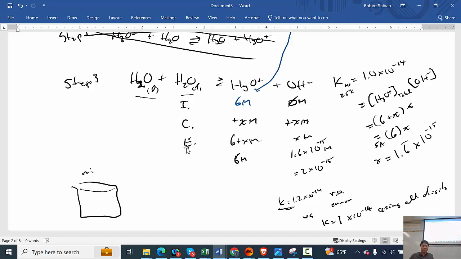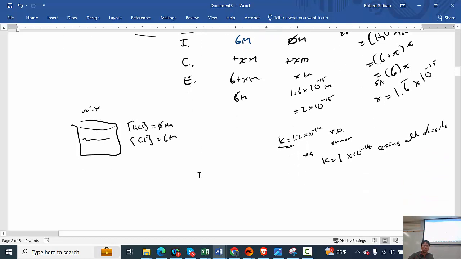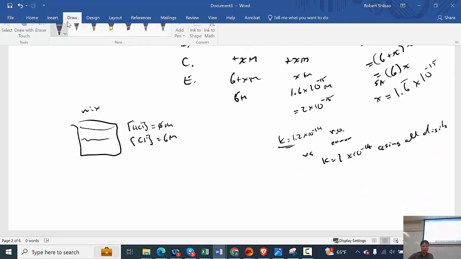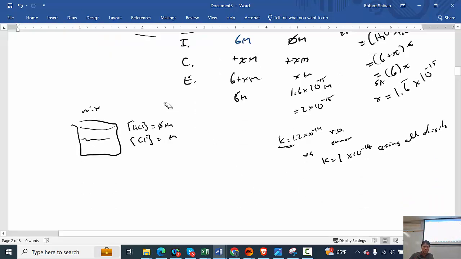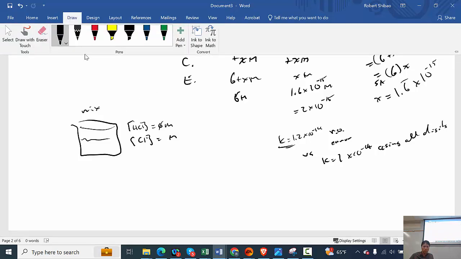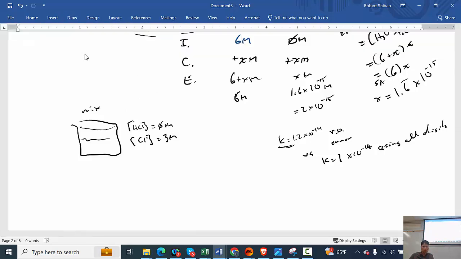All right, and so what do we have in this mixture? In this mixture, we have no HCl molecules. That's going to be 0 molar. And we're going to have chloride. Chloride's going to be 3 molar, sorry, not 6 molar. And the HNO3, this is for the molecules, we'll have 0 molar.